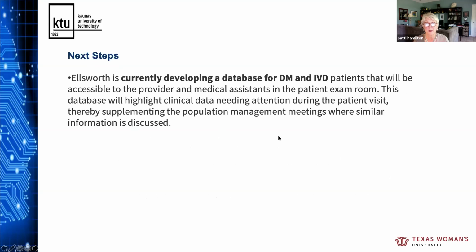Their next step was creating a specialized database for diabetes and ischemic vascular disease patients, and how to find out the kind of clinical data that needed more attention during the next patient visit.